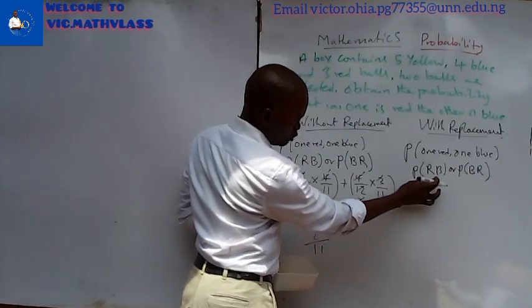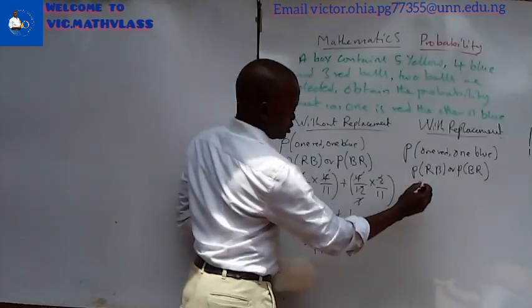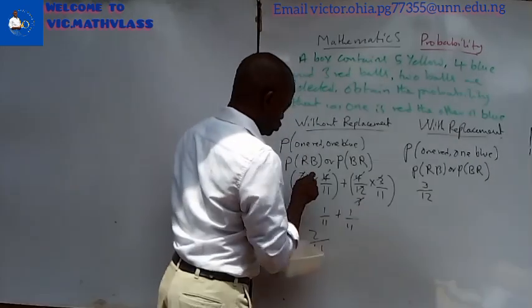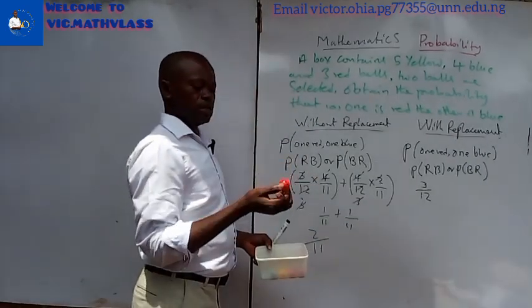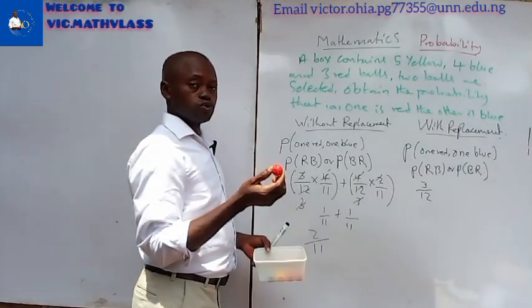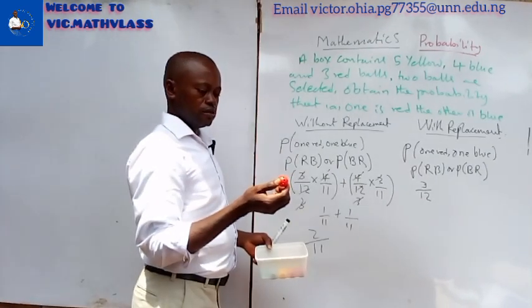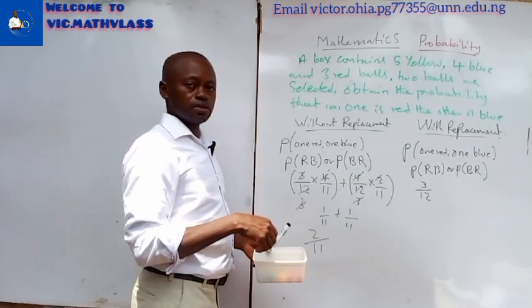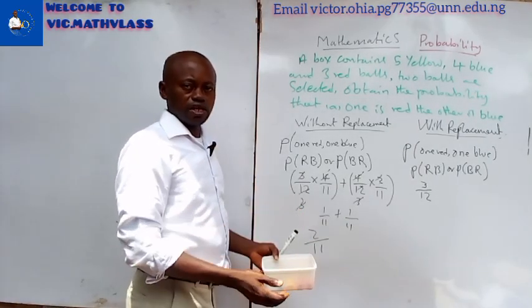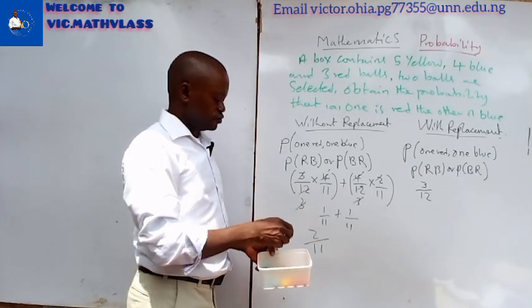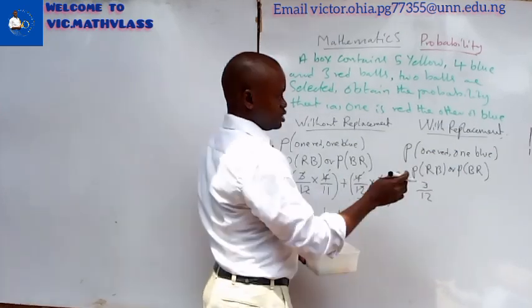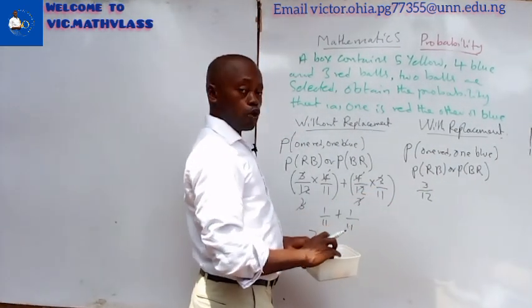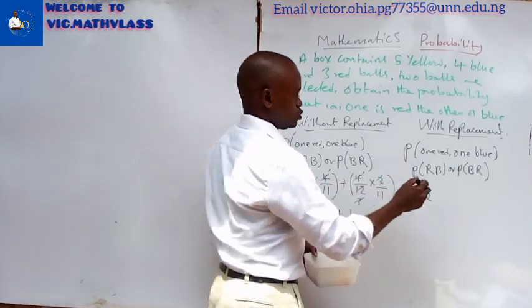But the only difference is that when I took red, the probability of this red is 3 over 12. Then I replaced it. That's the meaning of with replacement. It then means the sample space didn't go down to 11. It remained 12. So if I take the second and it happens to be blue, the probability of blue here is going to be 4 over 12.